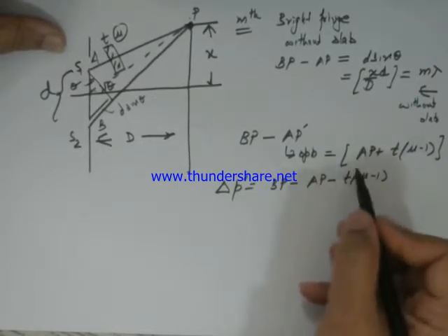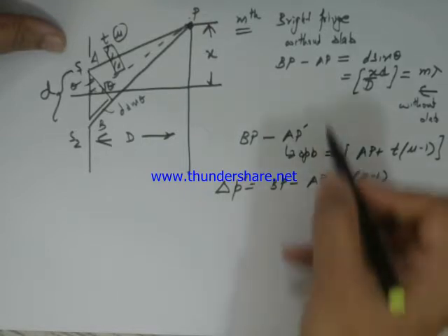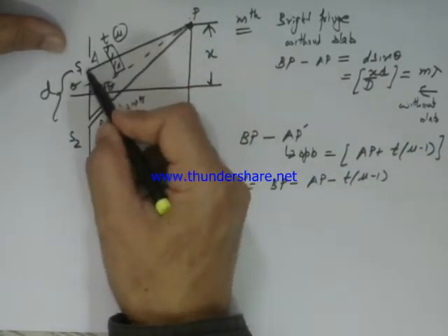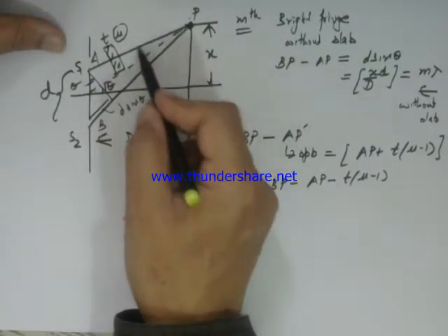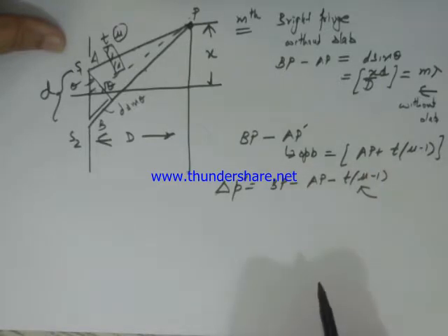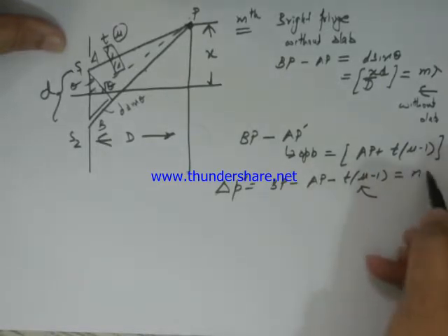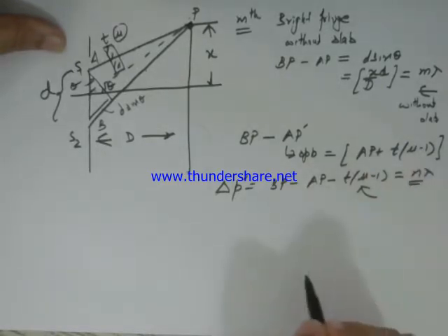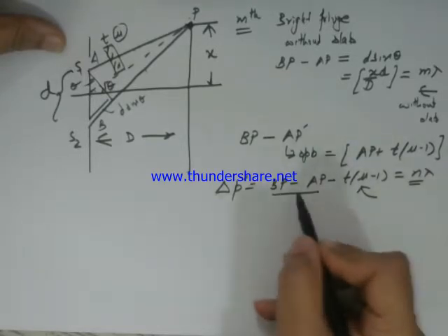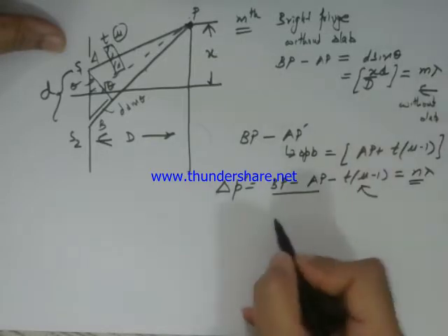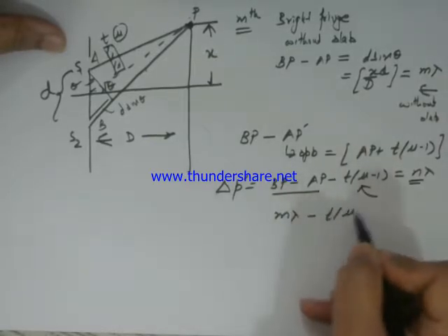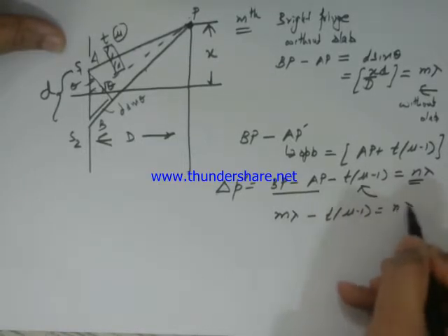This minus t(μ minus 1) we could have straight away subtracted also, because this path is increasing, so the difference between these two will decrease by this amount. Let there be the nth fringe here now. Now BP minus AP was equal to mλ, so mλ minus t(μ minus 1) is equal to nλ.